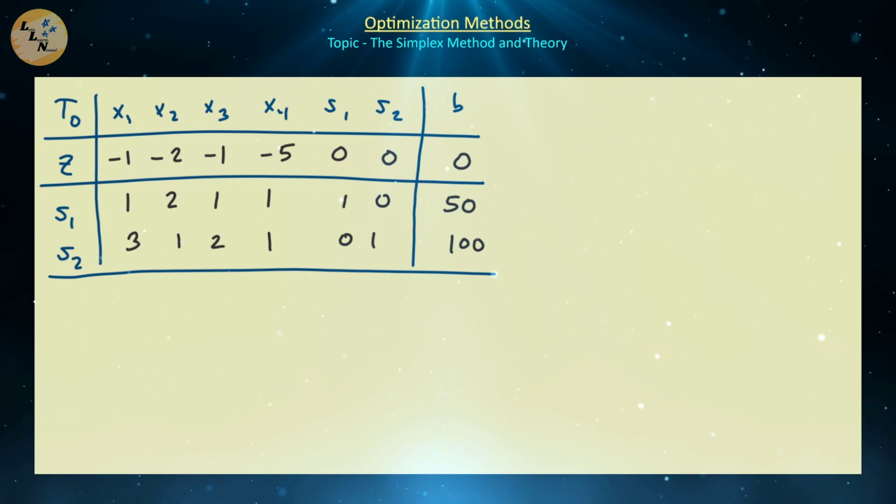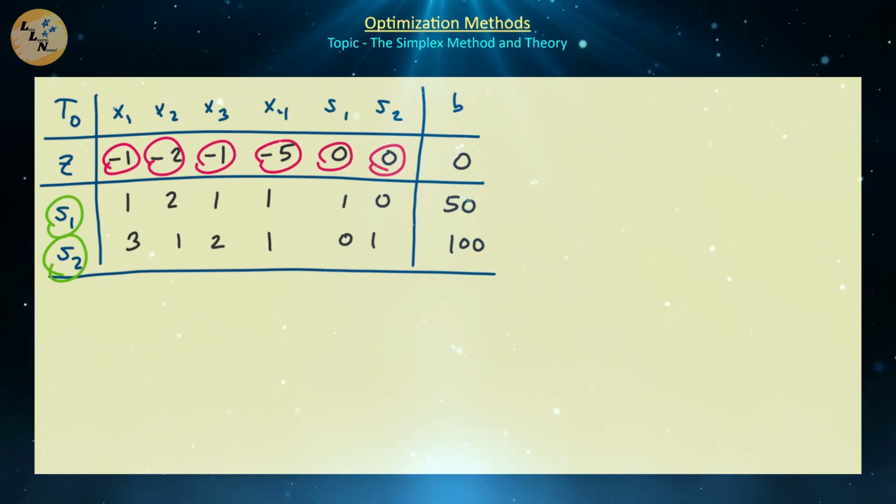So that is when we have some basic variables located over here, and we have these numbers here, and they are all non-negative, then we have our optimal solution. Notice that we have some constants, -1, -2, -1, -5, and we have to turn all of them positive in some way. Once we do so, then we're going to have our optimal solution in front of us, all right?